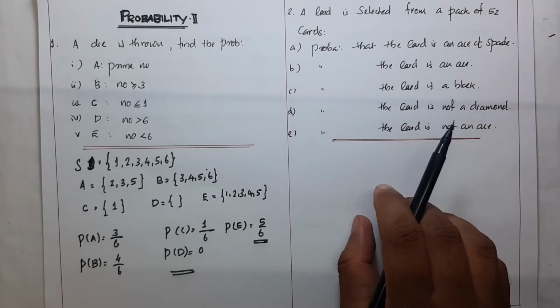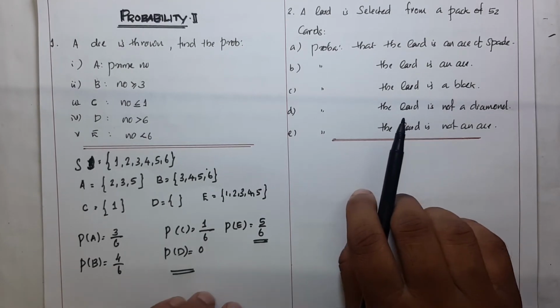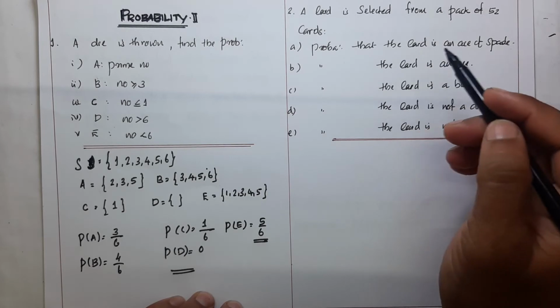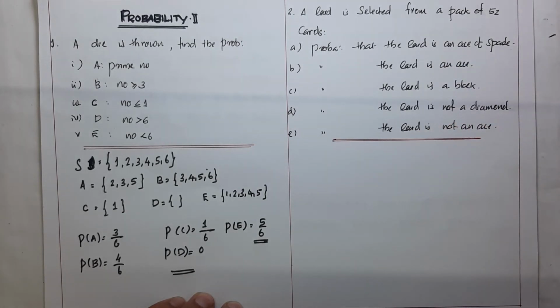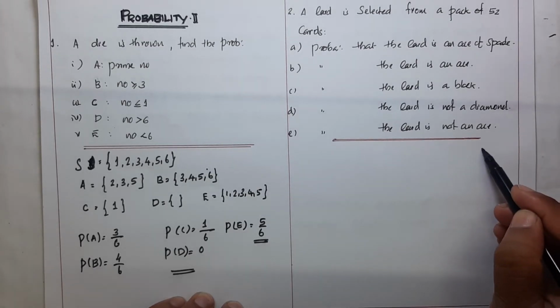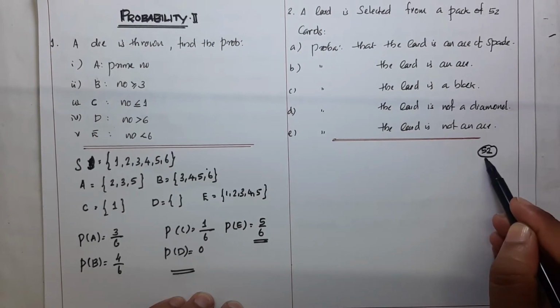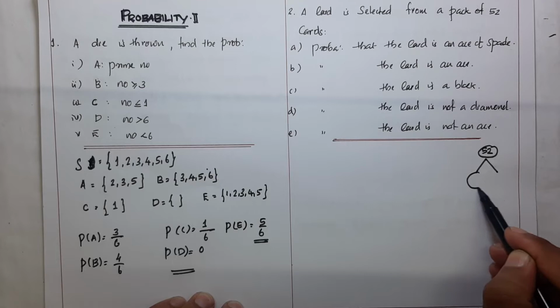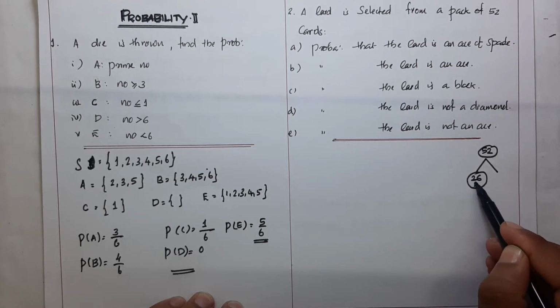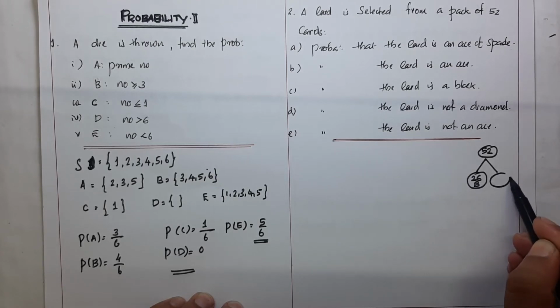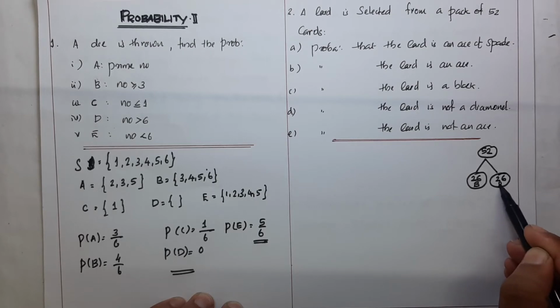Now we discuss one more question using the concept of probability. A card is selected from a pack of 52 cards. Find the probability that the card is an ace of spade. A pack contains totally 52 cards. In these 52 cards, 26 are black and 26 are red.